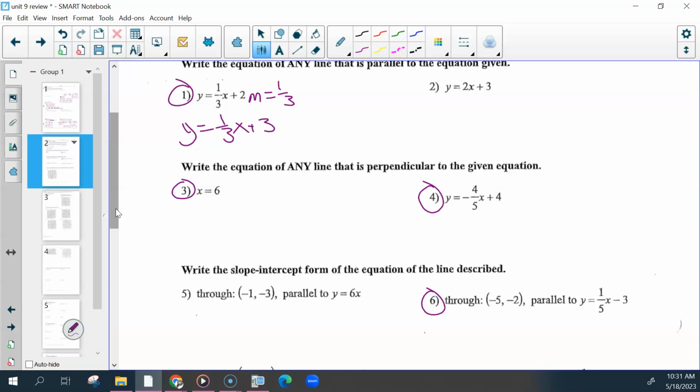3 is perpendicular, so we have to write an equation that's perpendicular to this one. So you have to know the slope of this, and if you're not sure, you have to use your Hoyle-Bucks, because it's an x equals. So the slope of this one is what? This would be a vertical line, yes, what's the slope?